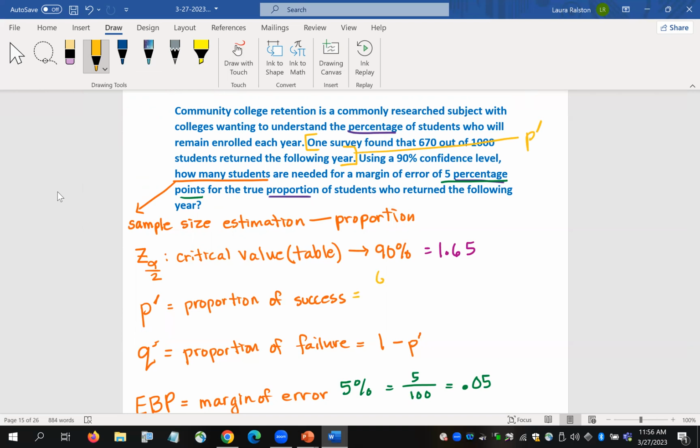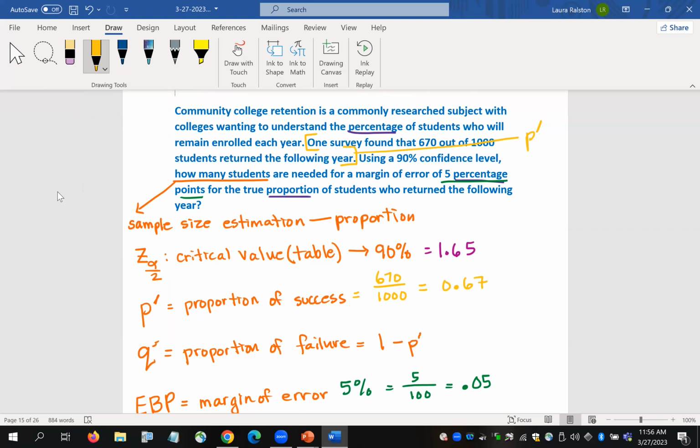It tells me that I had 670 out of 1,000. I can convert that to a decimal. Minitab would do it, but I'm just going to do it on my calculator. 670 divided by 1,000 is 0.67. So the proportion that returned the next year was about 67%.